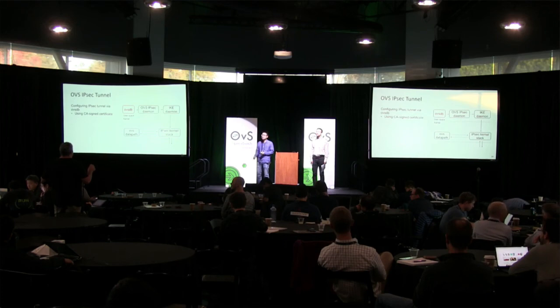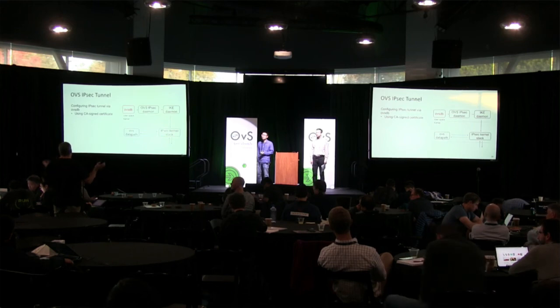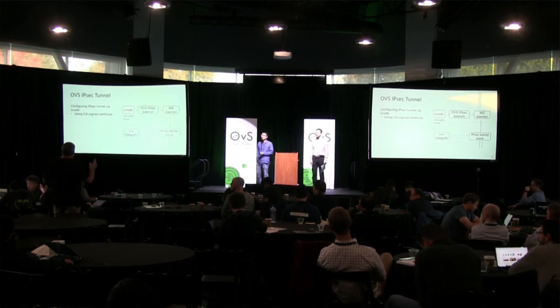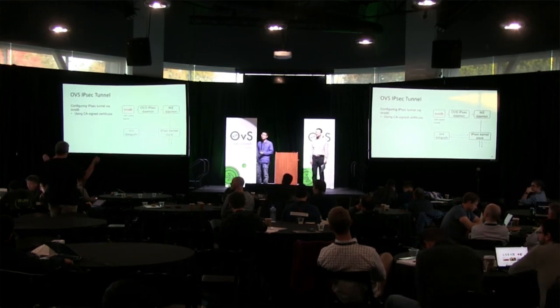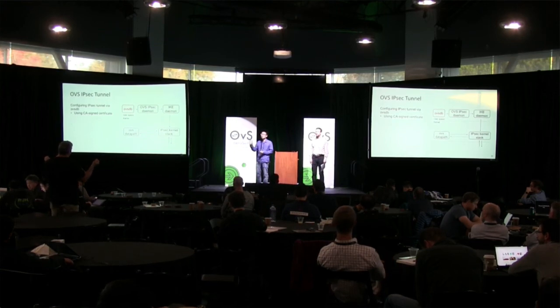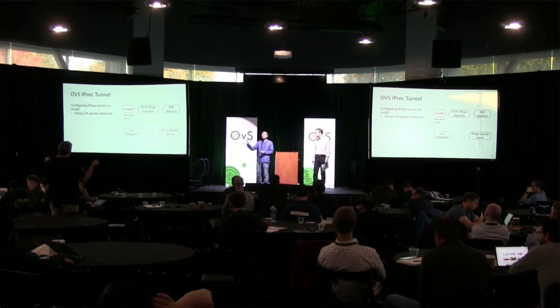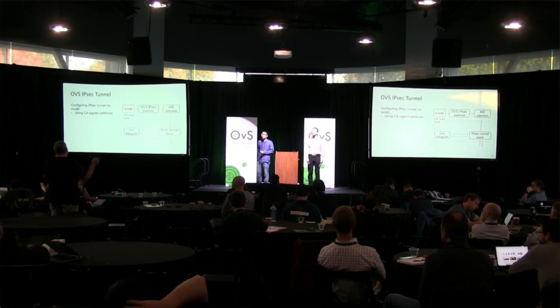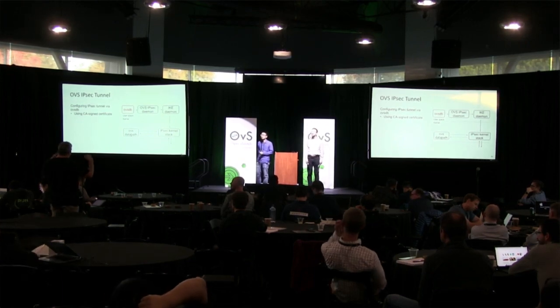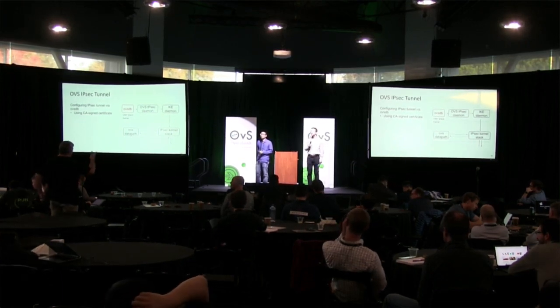Yes. Did you also look at a concept where the encryption tunnel is on top of the VXLAN, between the two VMs? You mean the encryption is done inside the VM? It's not inside the VM, it's on behalf of the VM, like encryption as a service.